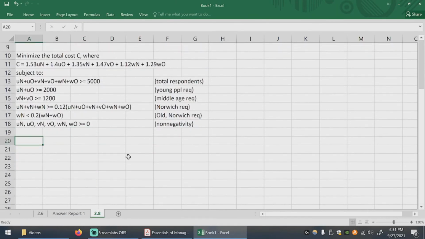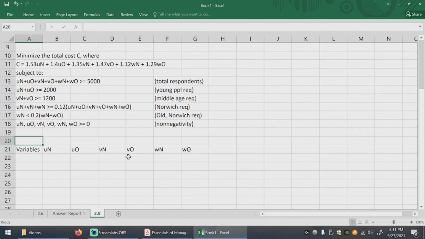Good times. All right, for Excel, I need my variables. This is how I do it. Yours don't have to look exactly like this, of course. UN, UO, VN, VO, WN, WO, and that's it.